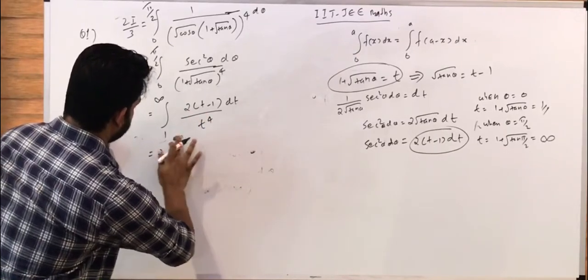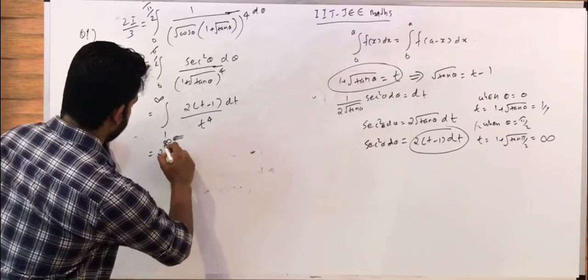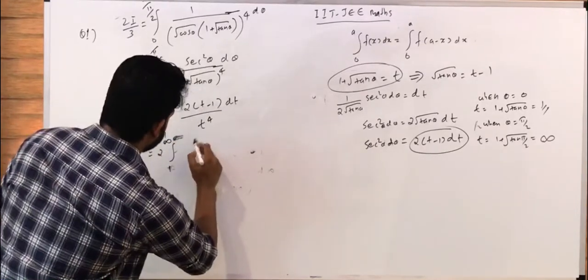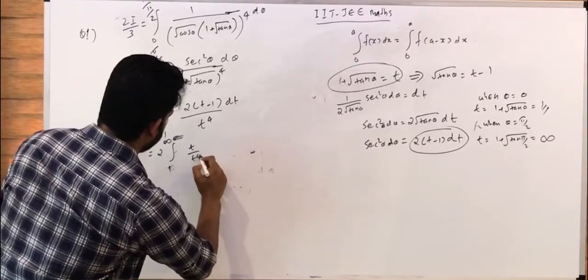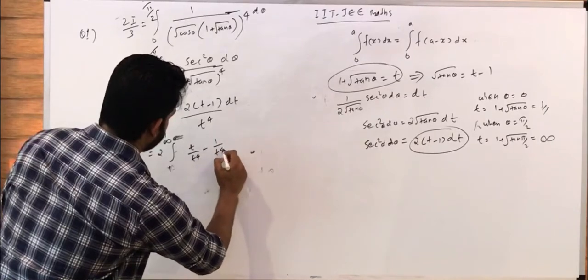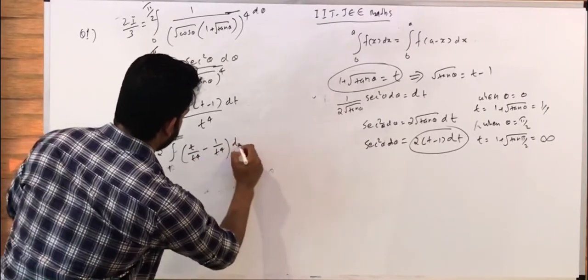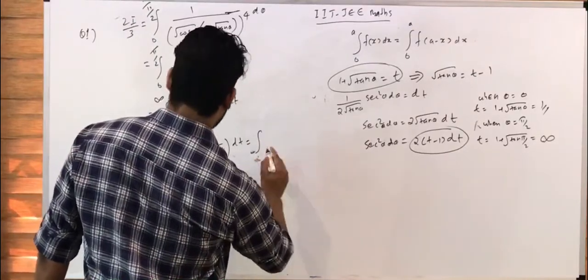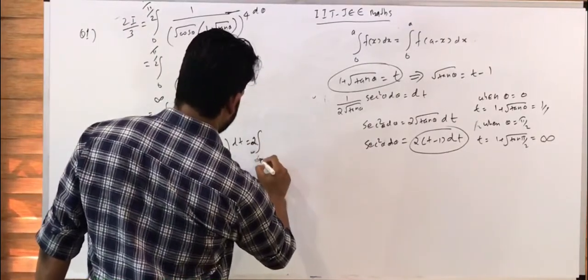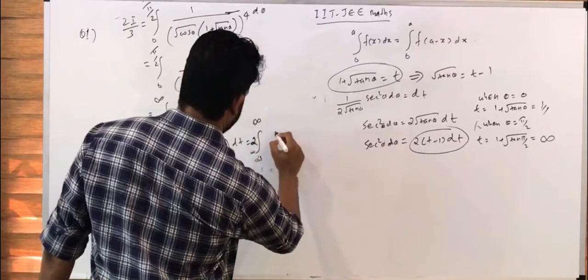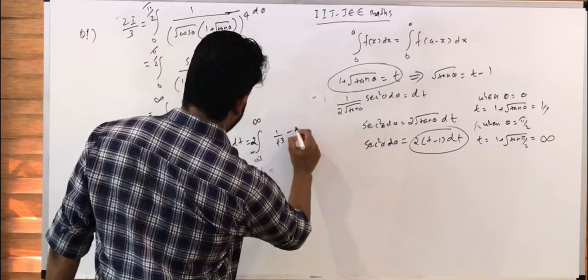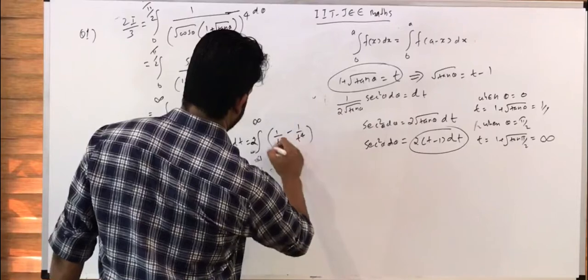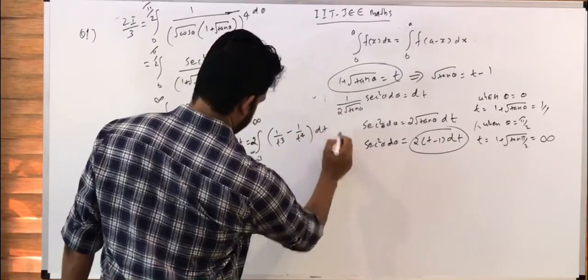Integral 1 to infinity. This we can simplify into t divided by t raised to 4 minus 1 by t raised to 4 dt. So again it becomes 2 into integral 1 to infinity 1 by t cube minus 1 by t raised to 4 dt. Okay.